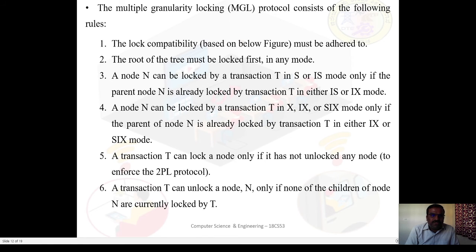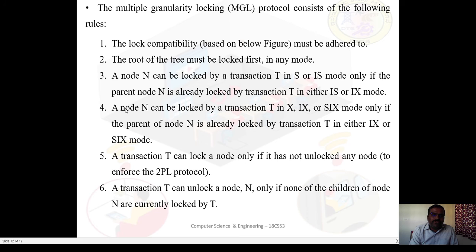The third rule is a node N can be locked by a transaction T in S or IS. S means only shared. IS means intention shared mode only. If the parent node of N is already locked by transaction T in either intention shared or intention exclusive mode.